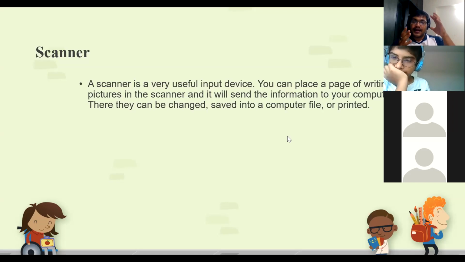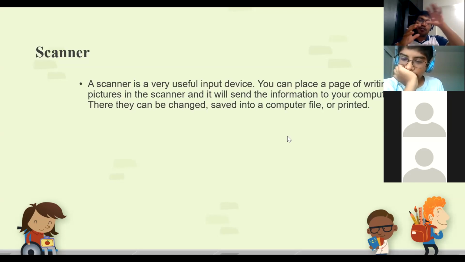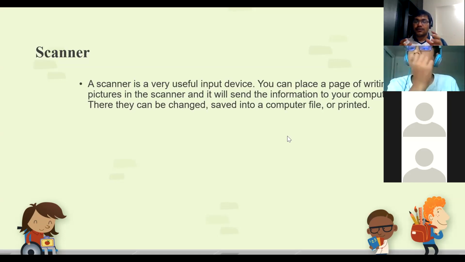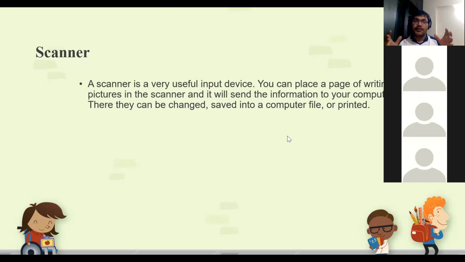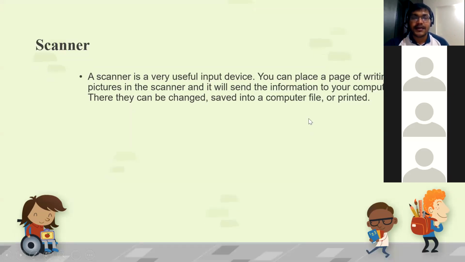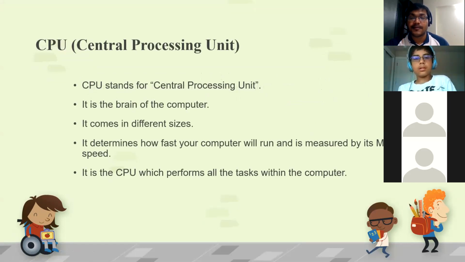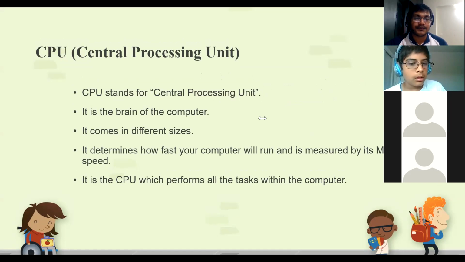It captures the image and shows it on your screen, over your monitor, so you can see it. So a scanner helps you scan any kind of document, whether it's an image or text.